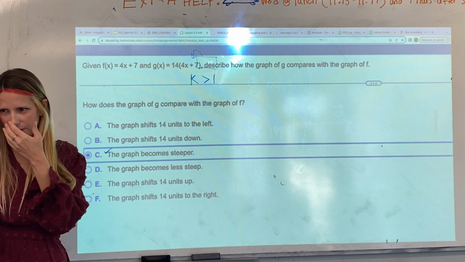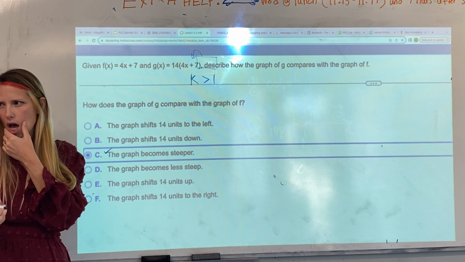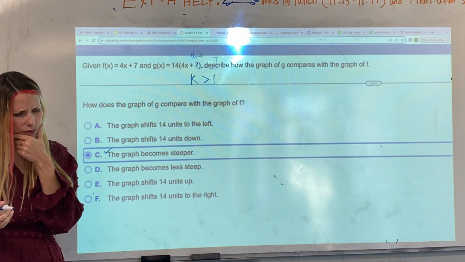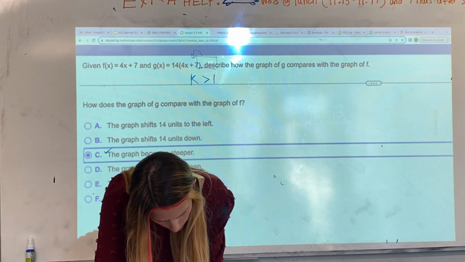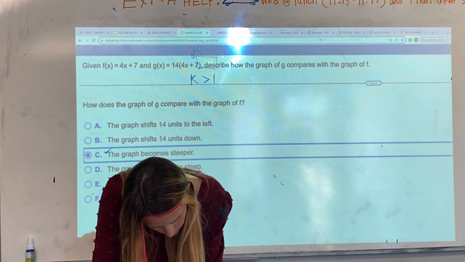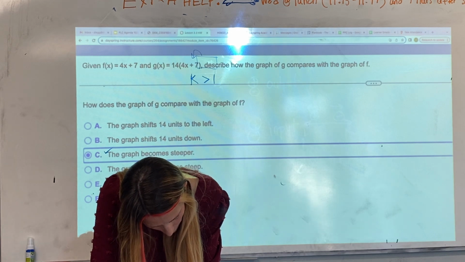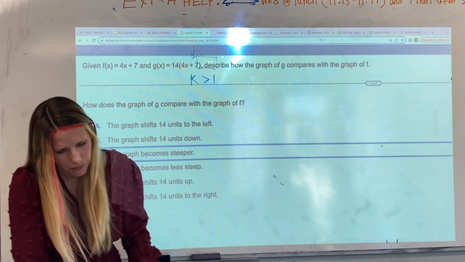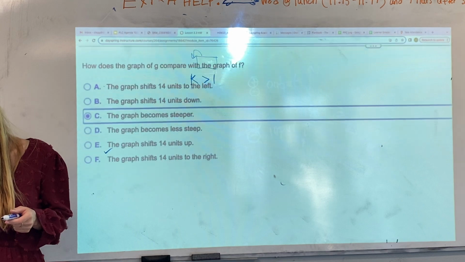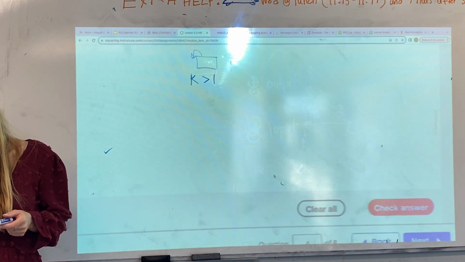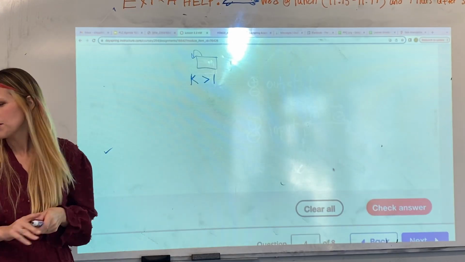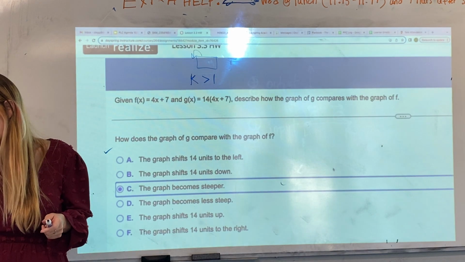What about a negative number? Wouldn't negative make it less steep than it is? We are not working with negatives yet. I don't know. Let's hope not. But then the crazy part is the other thing, and I haven't taught you guys this yet.